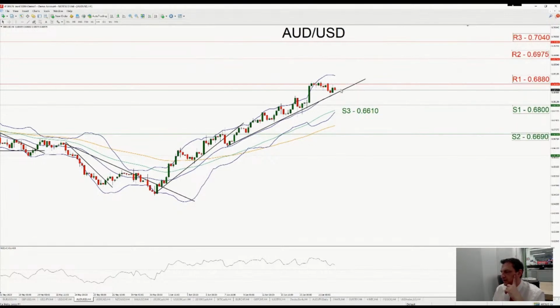Let's also not forget that tomorrow we're getting from Australia the release of RBA's meeting minutes for its June meeting. So there may be some movement there.